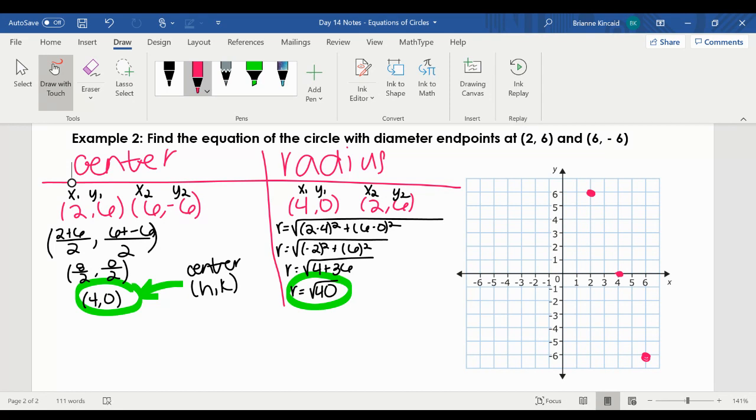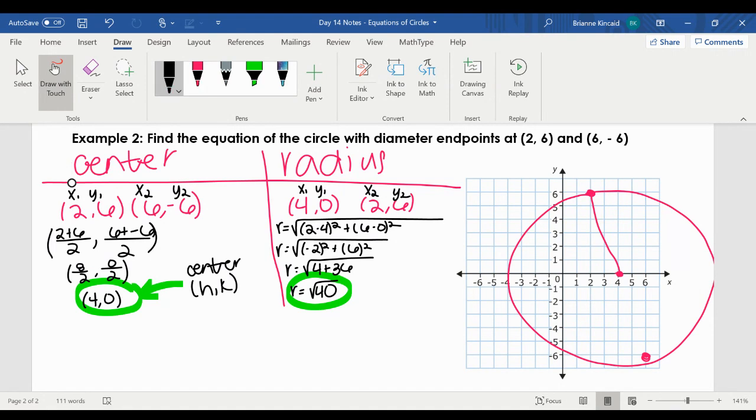If you plot the points, it definitely looks like it is in the middle there. And if you were to connect those, the square root of 40 is going to be slightly over 6, probably about 6.4, which makes sense when you look at the graph.